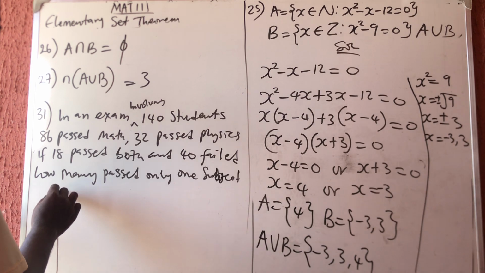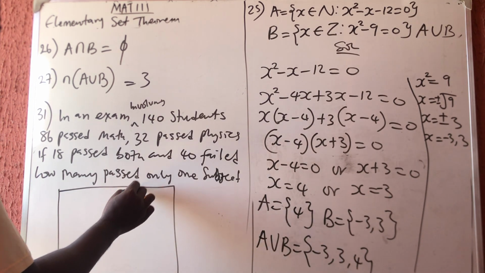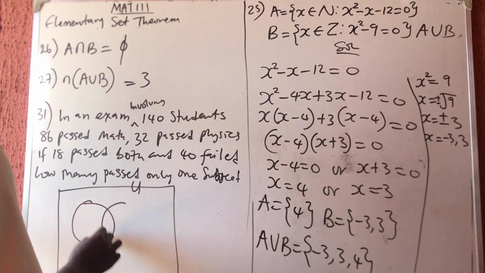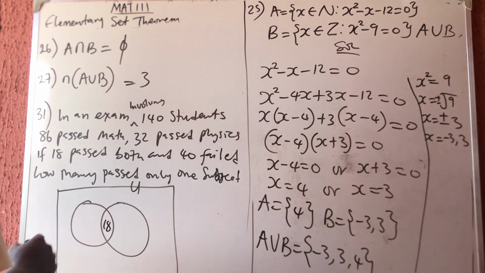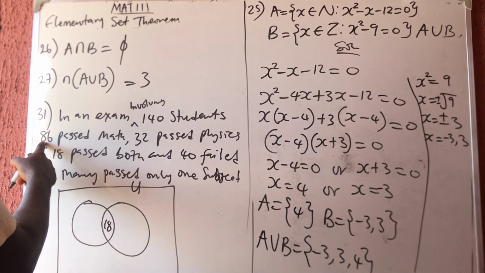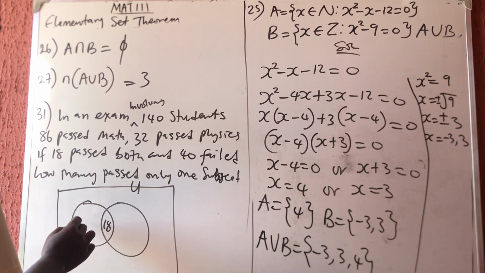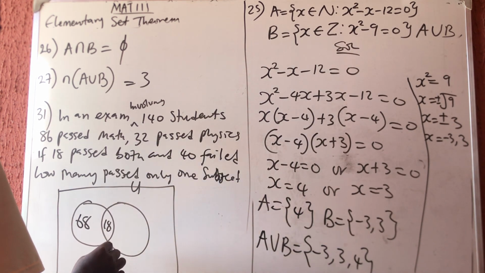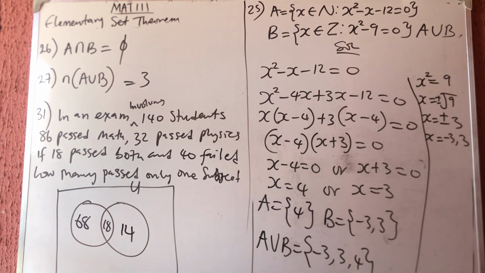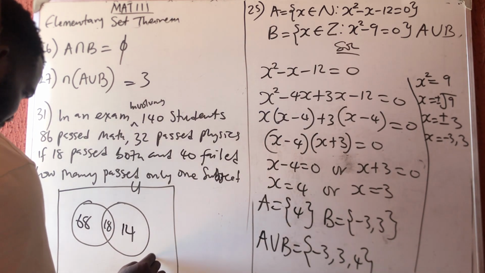Okay, so let us still draw our normal drawing. I have my math and physics here. All right, so don't forget that here is 18. Since I did not see only, I'll subtract 86 minus 18 to give us 68 here. Since I did not see only, I'll subtract 32 minus 18 to give us what? 14 here. Okay, and then 40 outside here.